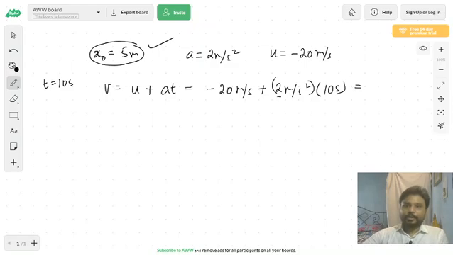As you can see, 2 into 10 would cancel this out, so this would come out to be 0. So the final velocity of the particle is going to be 0. That means after the particle started moving in the negative direction, it stopped moving at some instant. So it would stop moving at 10 seconds. This was what we found in the first part.